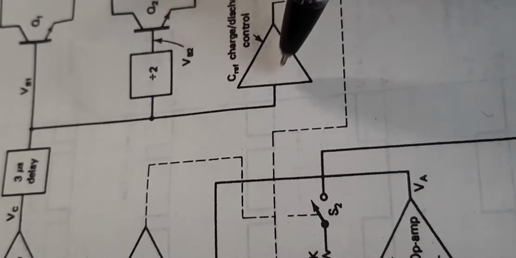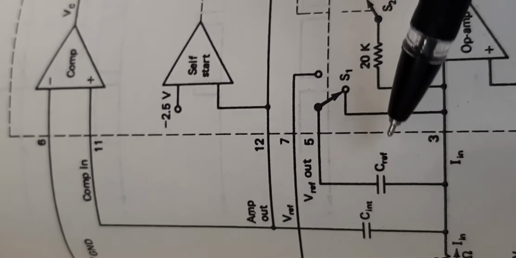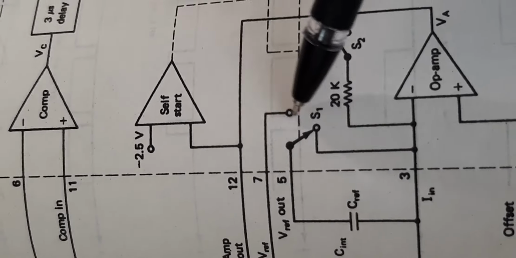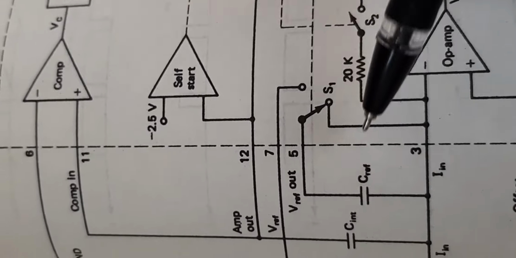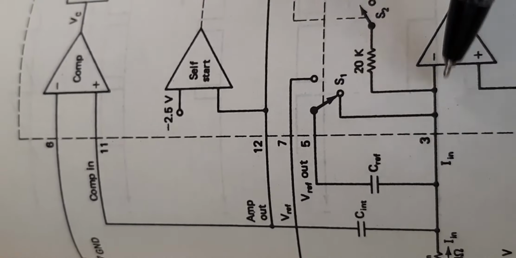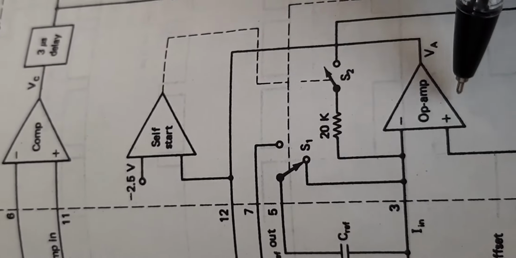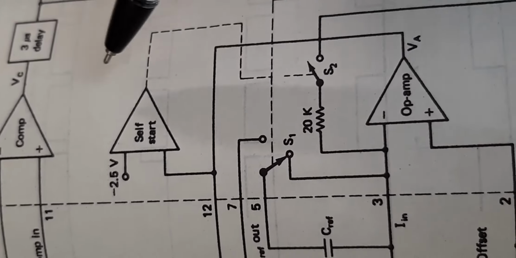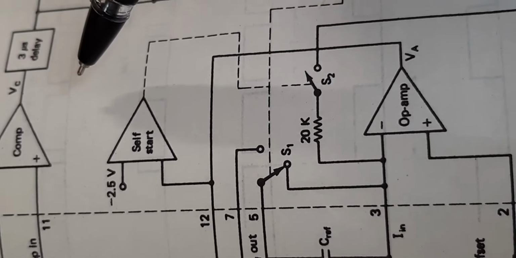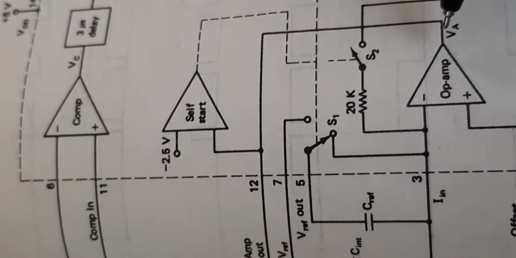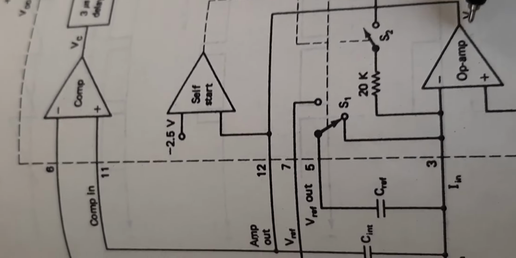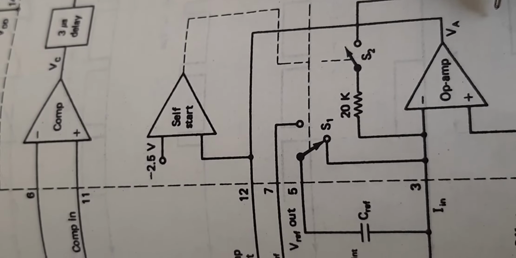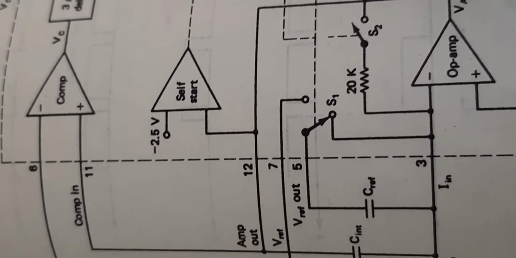That time this is enabled, so the capacitor is charged. Initially it may not go to a high positive V reference, so it keeps going negative.